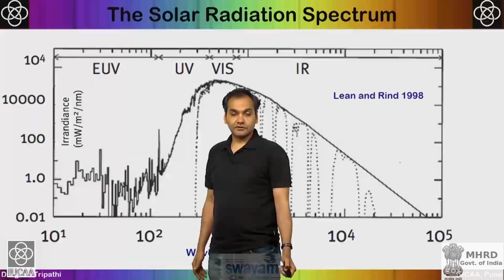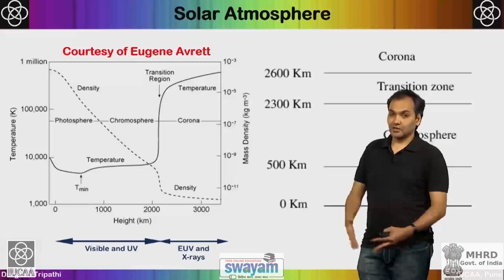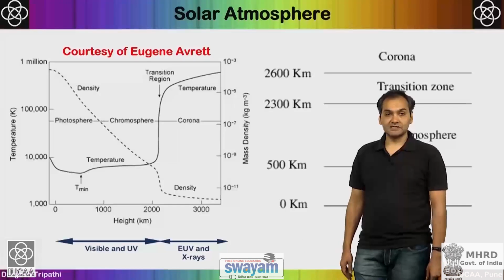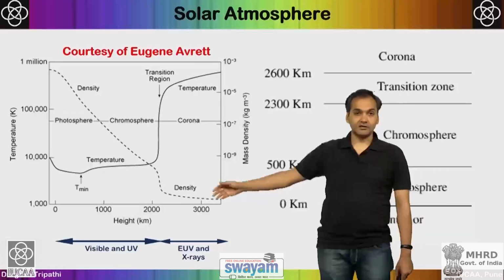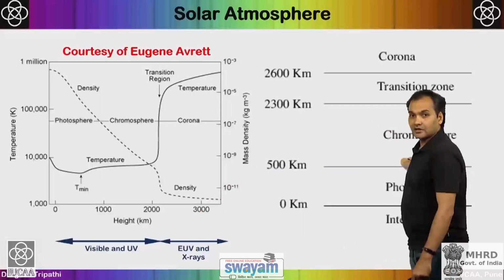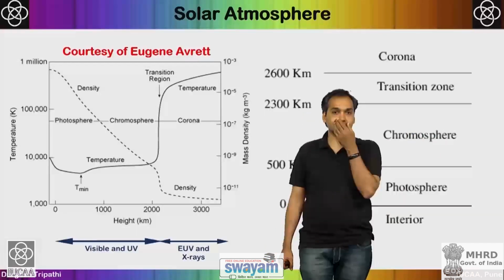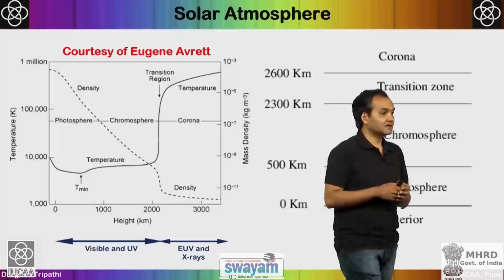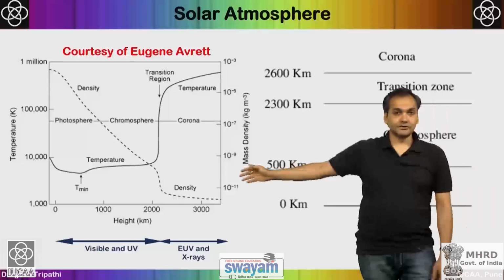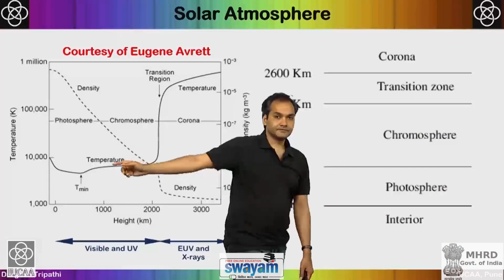If you do an empirical one-dimensional modeling to look at the overall property of the gas which is forming the sun, you have height on the x axis, temperature on the y axis on the left side, and mass density on the y axis on the right side. And what you see is that your temperature starts to increase here.